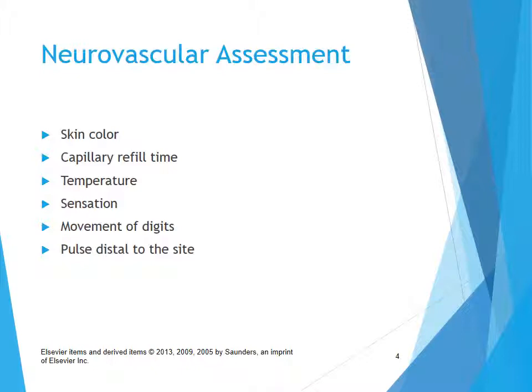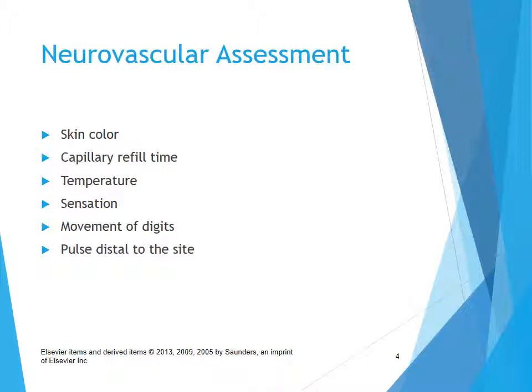These are the things that you're going to do with every assessment related to a musculoskeletal problem. When we talk about neurovascular assessment, we're talking about circulation, sensation, and motion. Signs of impairment would be coldness, pallor, blueness of extremity, swelling, loss of motion, numbness, and tingling of extremity.